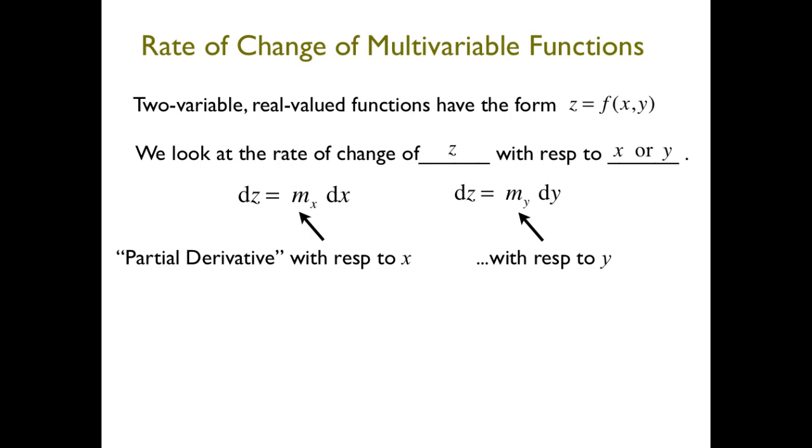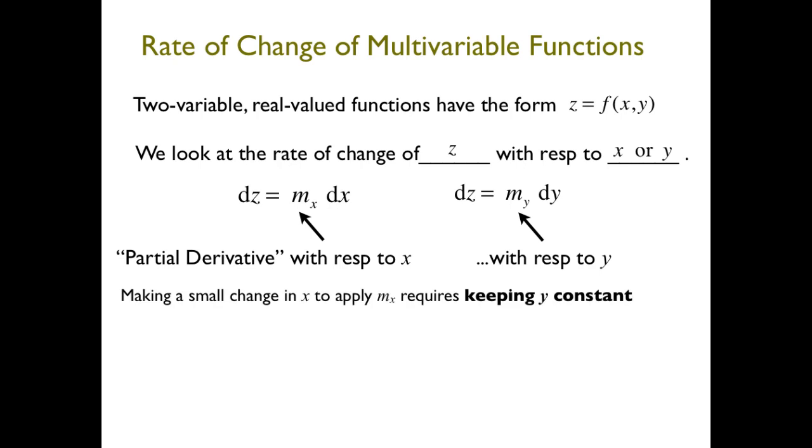When we're talking about the partial derivative with respect to x, y stays fixed, and vice versa. When you're talking about the partial derivative with respect to y, you're holding x constant. So making a small change in x to apply the partial with respect to x means keeping y constant, and the reverse of that.